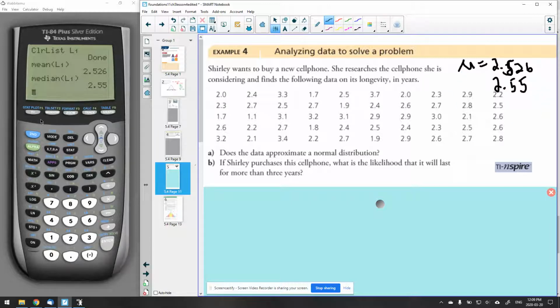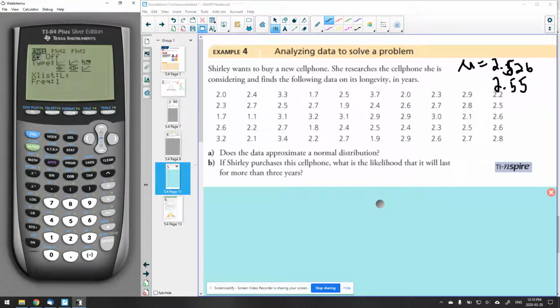Now we can graph our data points. We're going to have to do a little bit of work to make that look proper. So we're going to hit second y equals, and we're going to hit enter on plot 1.